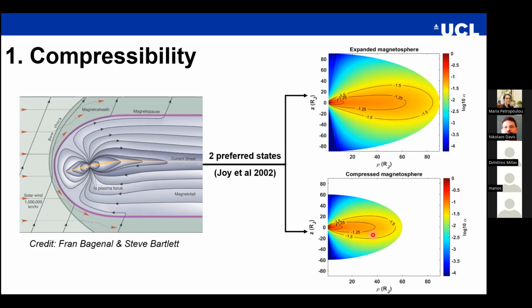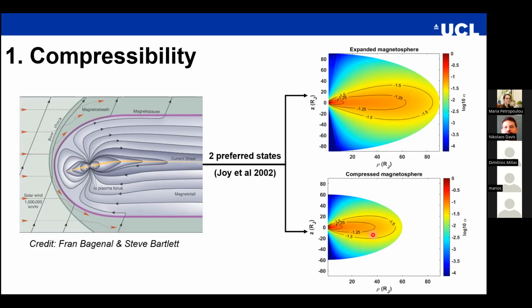According to some simulations, statistically, we found that this magnetosphere can be preferably found in an expanded state with a typical size of 90 Jovian radii, or in a compressed state with a typical size of maybe 60 Jovian radii.